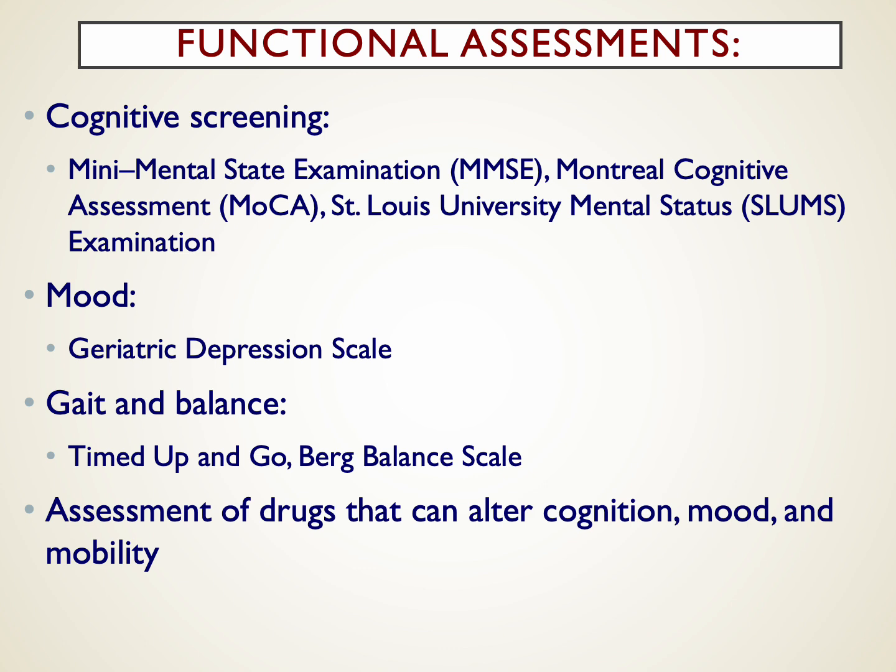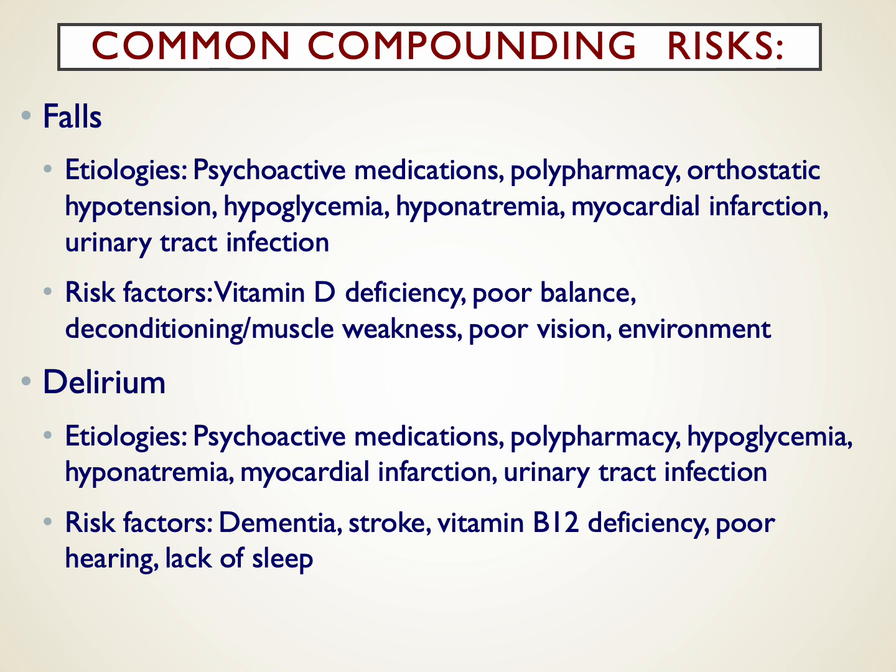It's important to find some way to assess for depression and risk for depression. Many clinicians recognize that depression in older patients might present differently than in younger ones. Look at gait and balance with them: what's their falls risk? Are there drugs that can affect cognition or mood or mobility? All of those are important to look at.